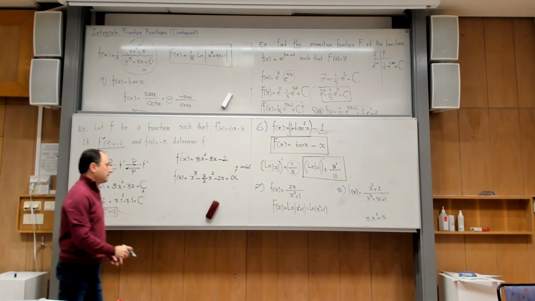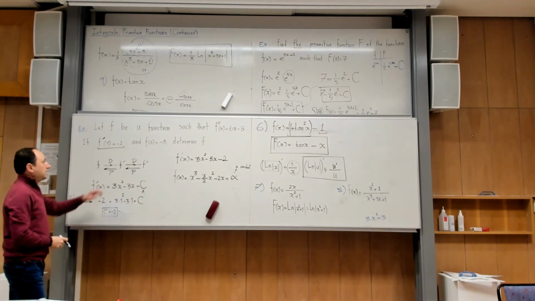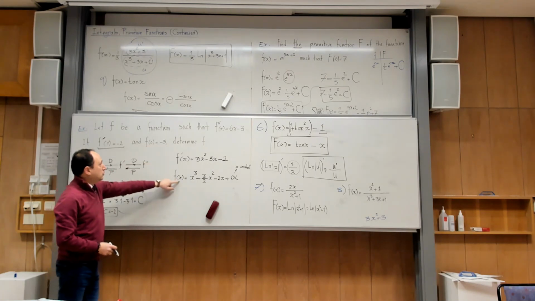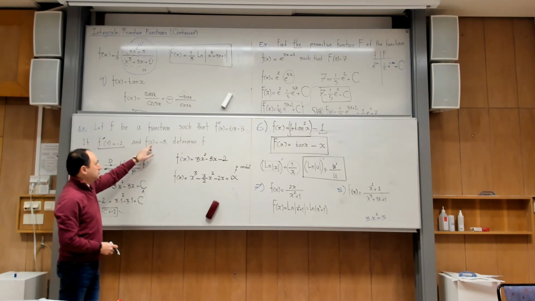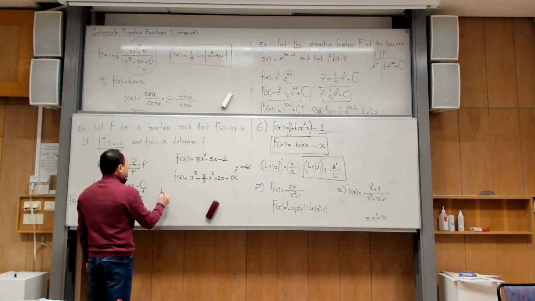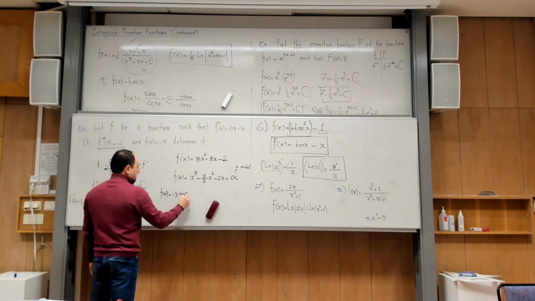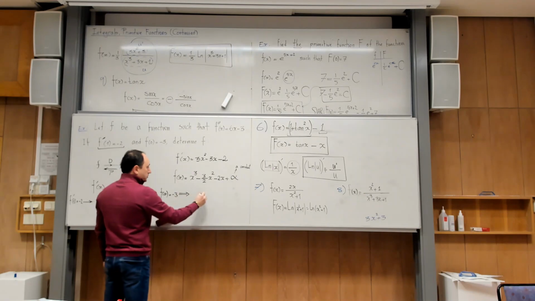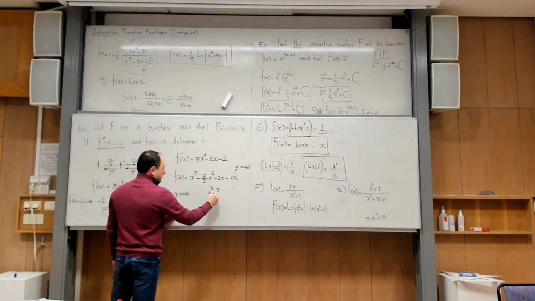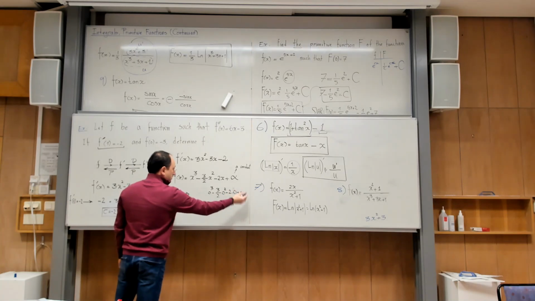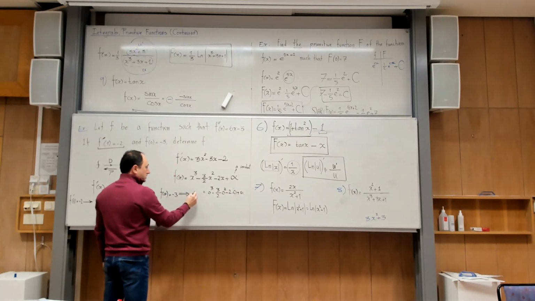Yes? But then I have this extra piece of information now. So it means that if you go to your function, replace x with 0, the answer is supposed to be minus 3. So f of 0 is minus 3. So this means that if I replace x with 0, the answer is supposed to be minus 3.